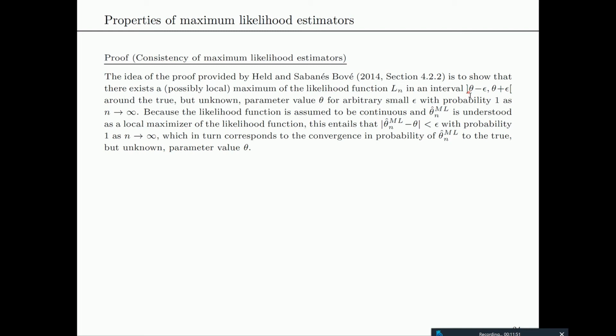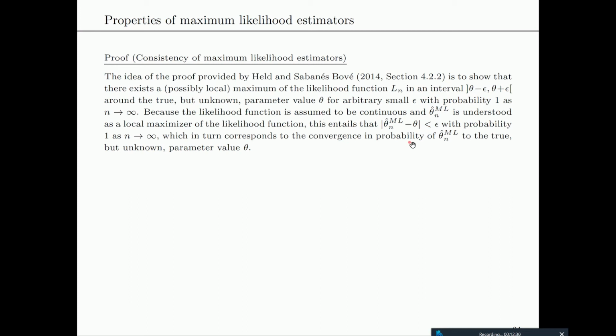At first it was a little bit, okay, what does this have to do with my maximum likelihood estimator? Well, of course, under the Fisher regularity conditions, the likelihood function is continuous. Then based on this continuity and the definition of the maximum likelihood estimator as a local maximizer, the deviation of this maximum likelihood estimator from the true but unknown value also gets small with probability 1.